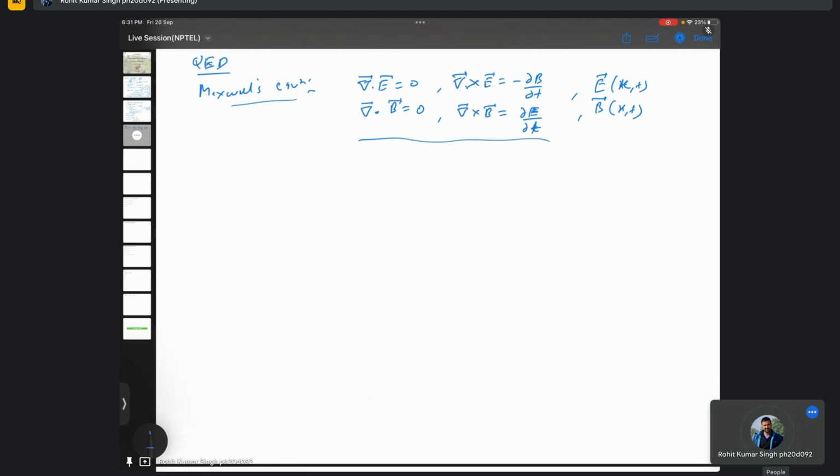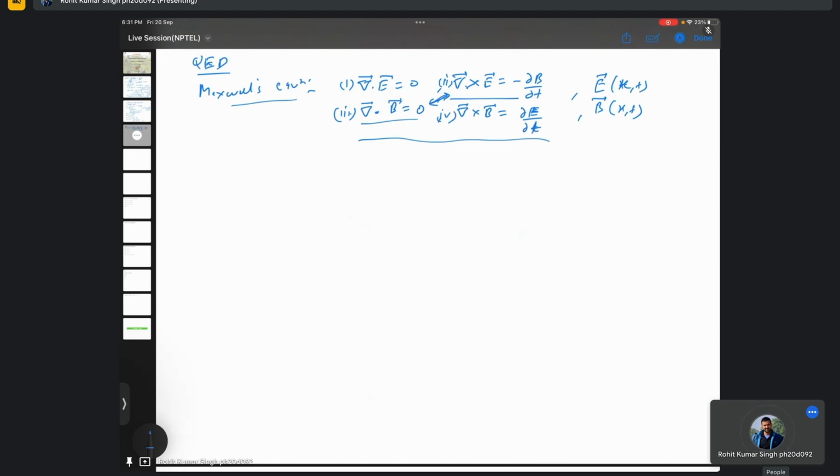To do that, let's first see. Let's call them the first, second, third and fourth equations.